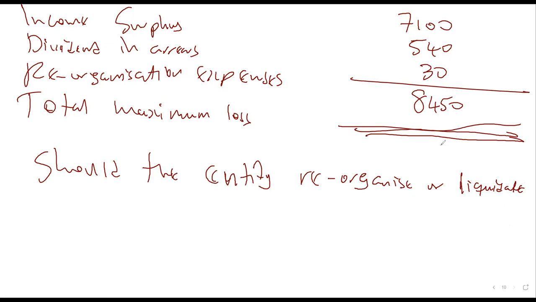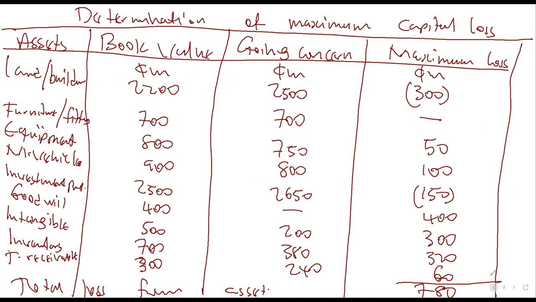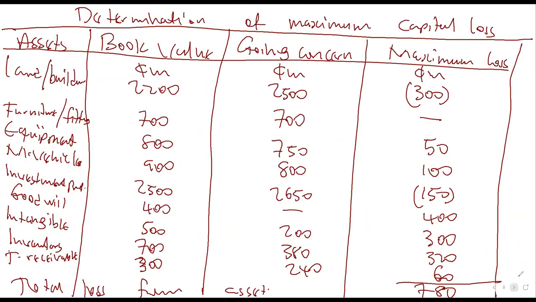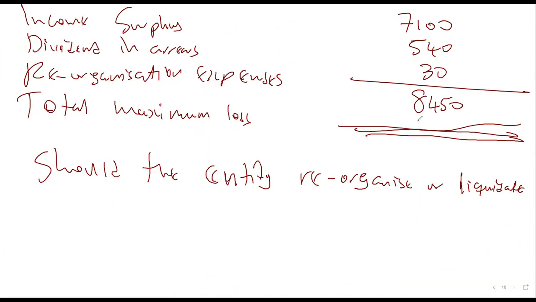Now you check. This is the loss per reorganization, 8,450. Let's go and see the loss per liquidation. This is the loss per liquidation, 10,160. If they liquidate, all the losses should be 10,160. But if they do reorganization, the loss is 8,450.